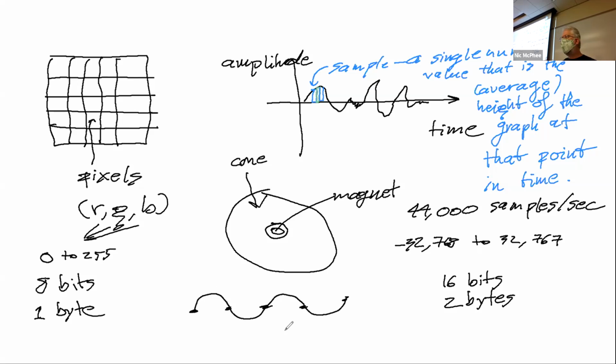You're going to read that as just flat. You're going to miss all the movement because you didn't take enough samples. So you need to at least be getting samples here, here, here, and here to be able to reconstruct some approximation of the original sound.